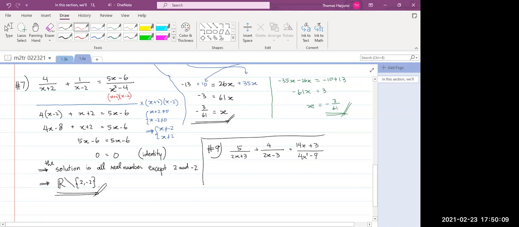The denominator of the last expression, I factor it, becomes 2x plus 3, 2x minus 3. Oh, so from there I see the LCD is 2x plus 3, 2x minus 3. That's what I will multiply the whole equation by.